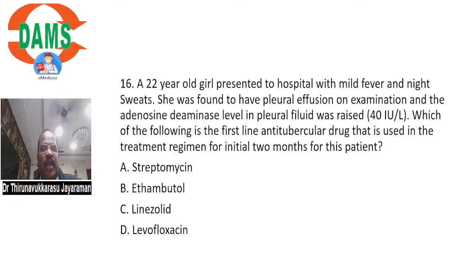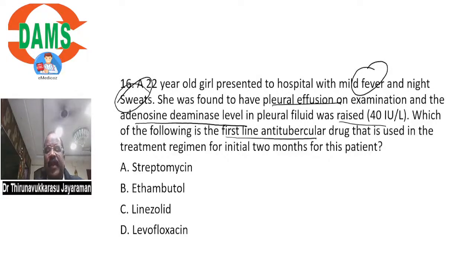A 20-year-old girl presented to hospital with a mild fever, night sweating, and loss of appetite, and adenosine deaminase level was raised. Which of the following first line anti-TB drugs are used in the treatment regimen for the initial 2 months?